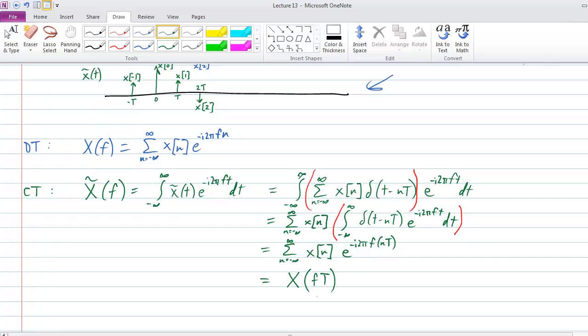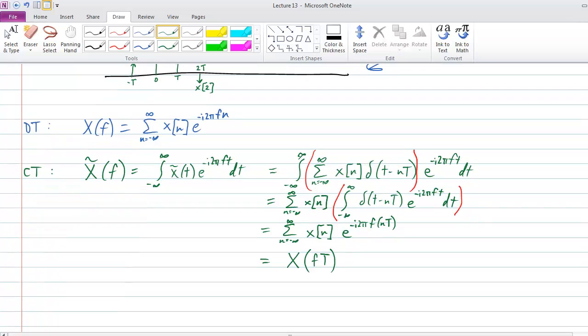And I find it better to think about this as X of f over f naught, where f naught equals 1 over T.